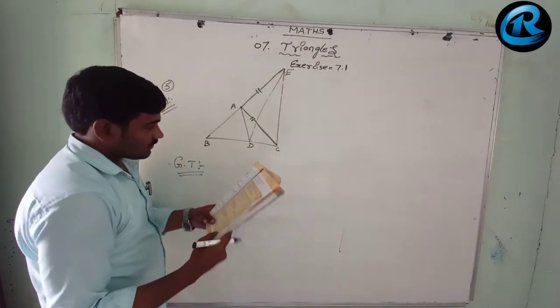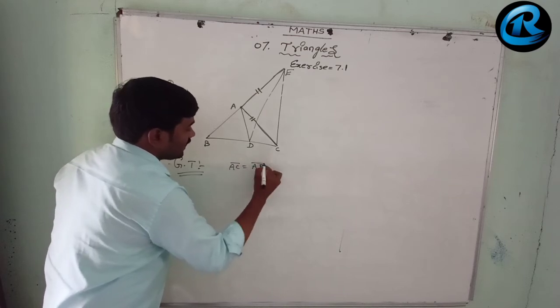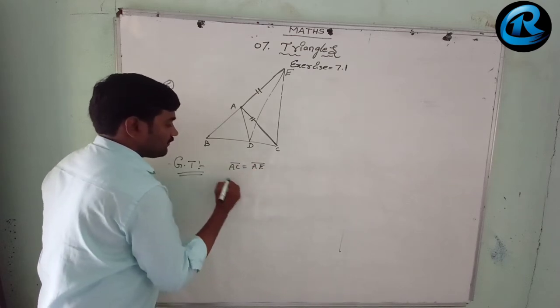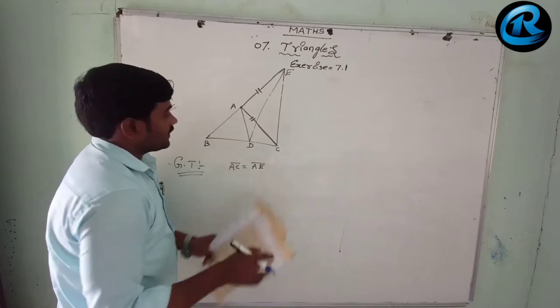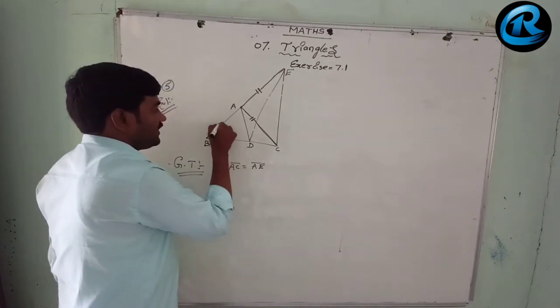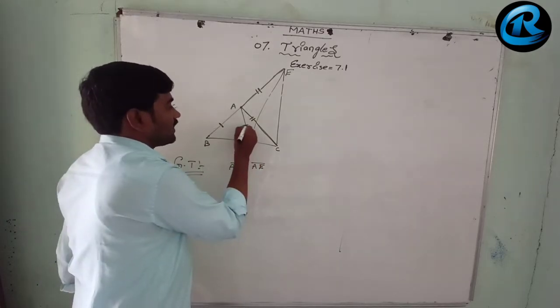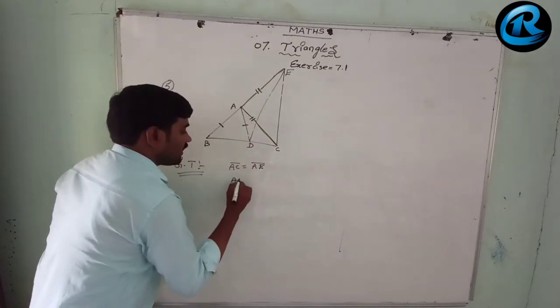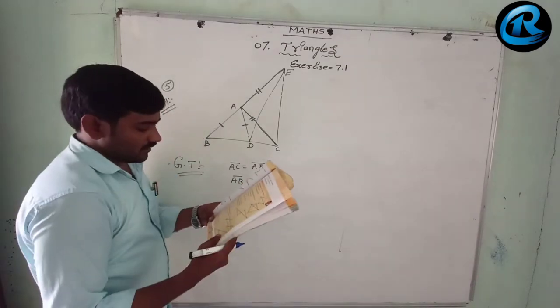Now next, what is given? AB equal to AD. AB is here. AB is equal to AD. These two are equal again.